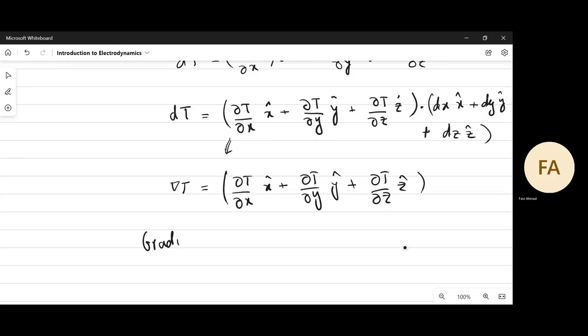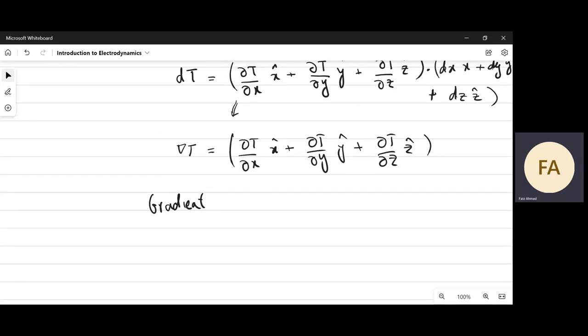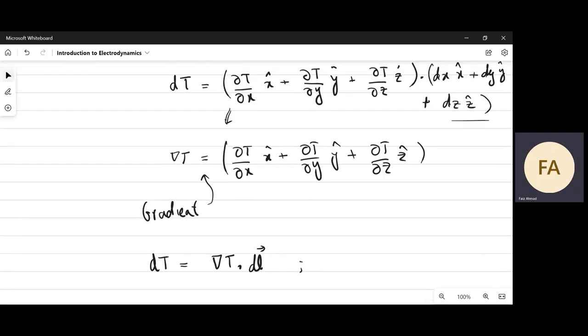So the gradient is in fact the three-dimensional counterpart of the ordinary derivative, where we have only a one-dimensional quantity. So the whole thing we can express as the gradient. The change dT can be written as delta T dot dl, where we know dl is this vector.